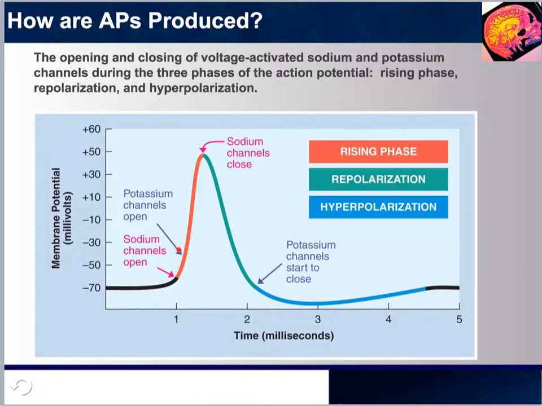In addition, the potassium channels are also maintained open, where the potassium floods out of the cell. However, once it reaches 50 millivolts, the sodium channels begin to close. This would then bring the voltage down, and it actually does so quickly. And when you reach about negative 69, negative 68, we start seeing the potassium channels also begin to close. And the reason why is because now the cell went from negative to being very positive.